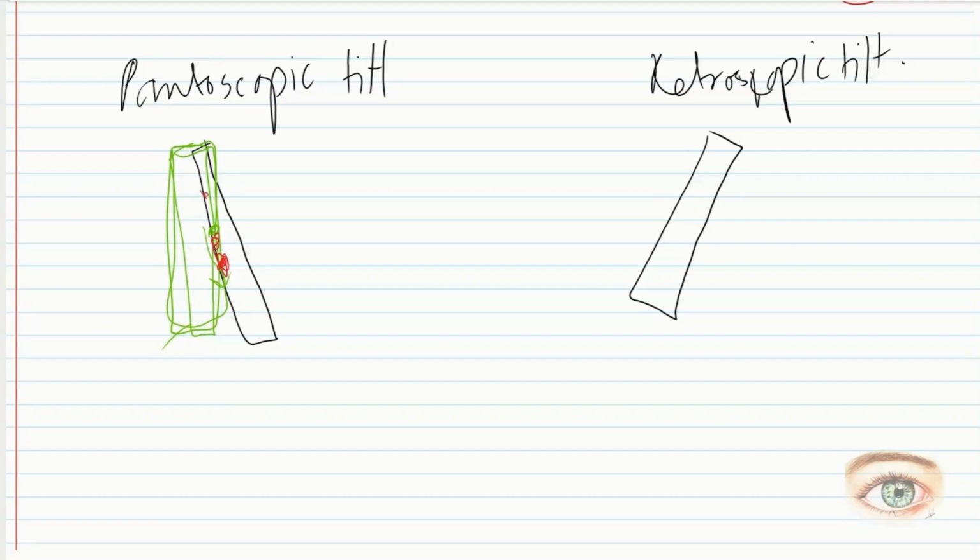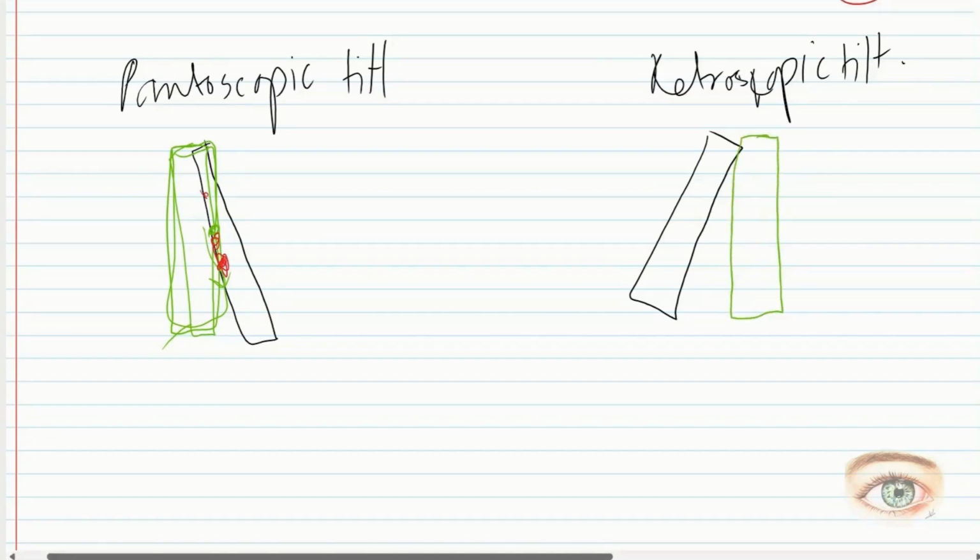Now, the same is the case with retroscopic tilt. This is the lateral aspect of a spectacle frame, and this was the spectacle frame, and you have made it move away from the cheeks. So, what you're doing is repositioning the optical center from here to here.